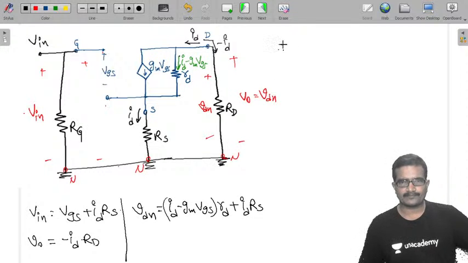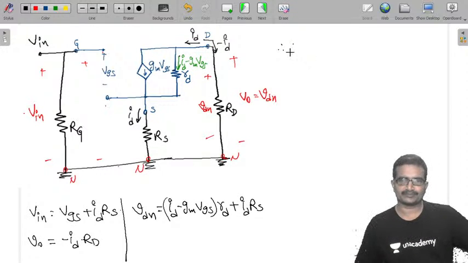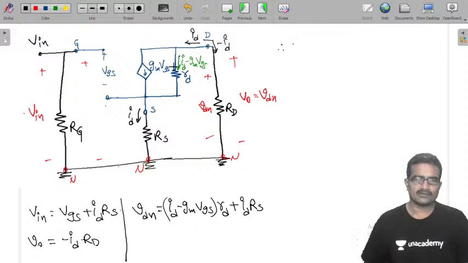Therefore, V output is minus ID into RD, and VDN is ID into RS.